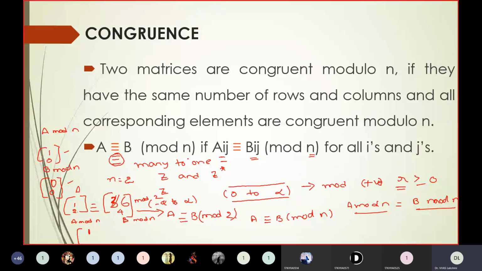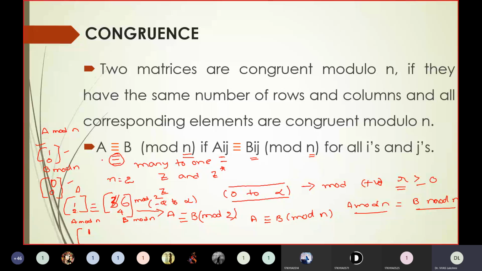Each and every individual element is divided by the n value and the mod value is retained. This operation is performed on each and every element in both matrices. If the values are the same, then those two matrices are said to be congruent modulo n. Otherwise, the congruence operation fails. This is the congruence operation.